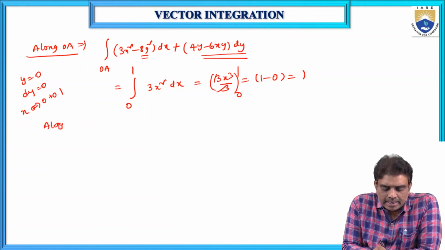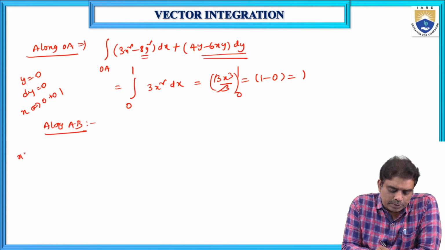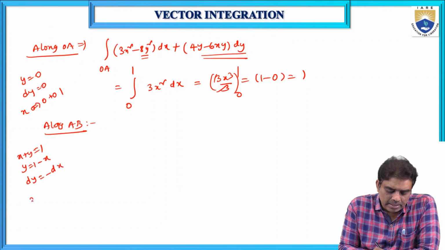Similarly, the line integral along AB. So along AB, what is the equation? x plus y equals 1, or y equals 1 minus x, and dy equals minus dx. But x varies from 1 to 0.